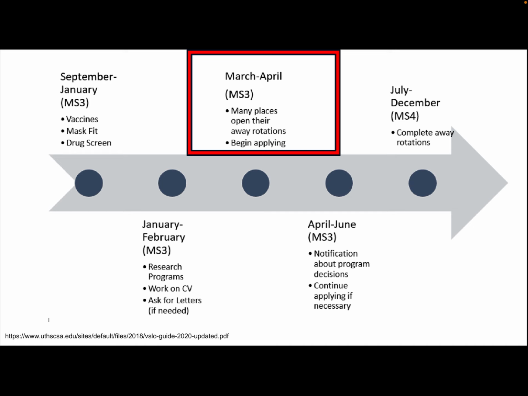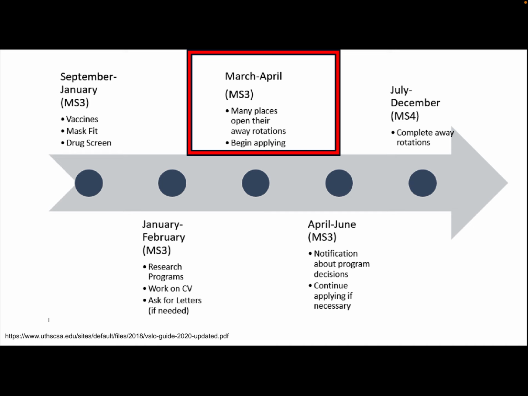You may begin researching programs that you want to apply for and see if they offer an elective for visiting medical students. So early in the year, I reached out to programs individually and asked if they had any VSLO opportunities and when they would be posted. And I also asked what kinds of electives would be open. Some programs will offer a variety of electives, and it really depends on what you're interested in doing.